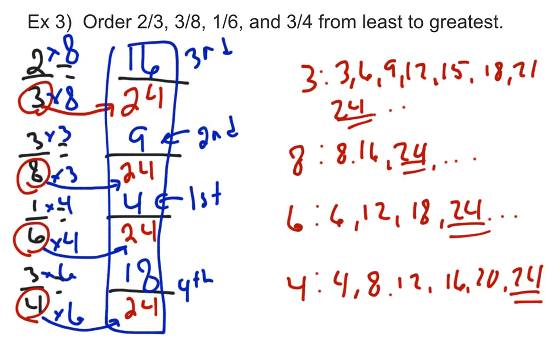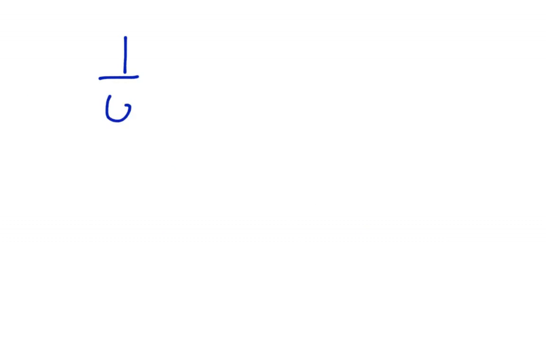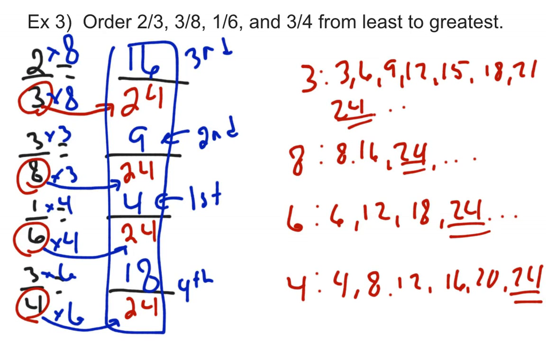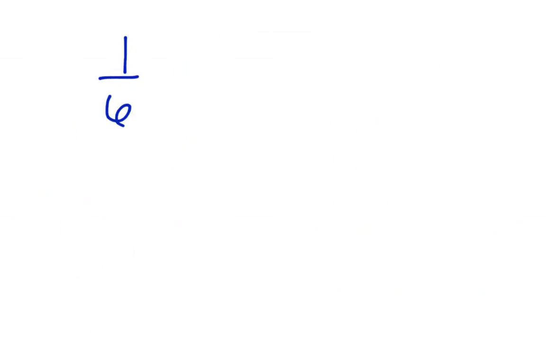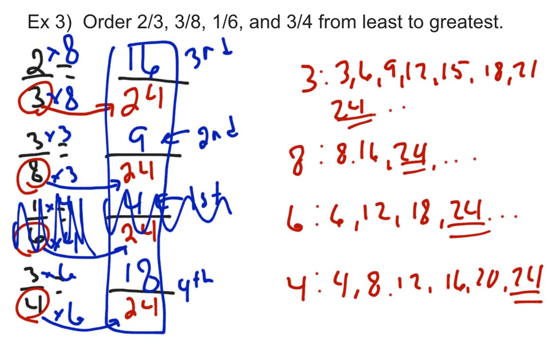But now when I finally write my answer, the first one I'm going to write is what's first, which is 1/6. So that one's now used. Then second was 9/24, which originally is the 3/8, so 3/8 is next.